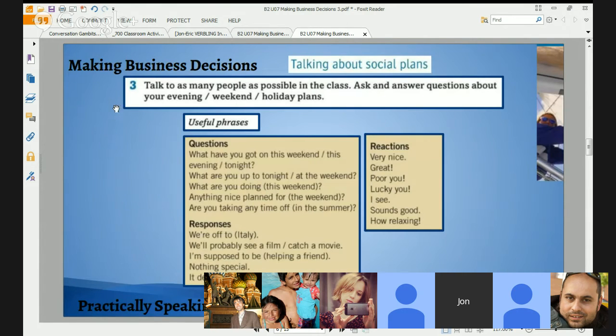Here is your complete list of useful phrases. What I want you to do is to pair up with someone, pick a question, and pick a response. I've tried to include the main key phrases that we've just listened to. You're going to ask and answer questions about your evening, about holiday, about plans, and I've given you some examples there on the screen.